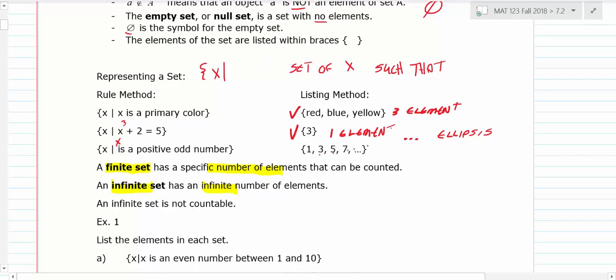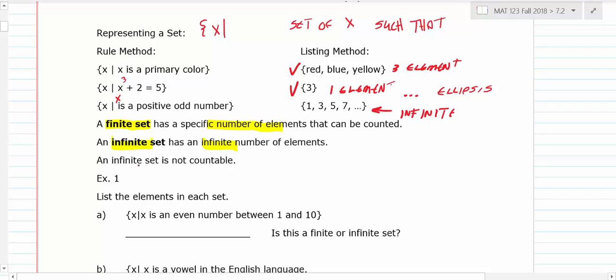So this one right here would be an infinite set. The set of all positive odd numbers, there's an infinite number of them, so that's an infinite set. We say an infinite set is not countable. You can't count forever. But a finite set is countable. So for instance, we can count that there's 3 primary colors. We can count that there's 1 answer to this equation and so forth.